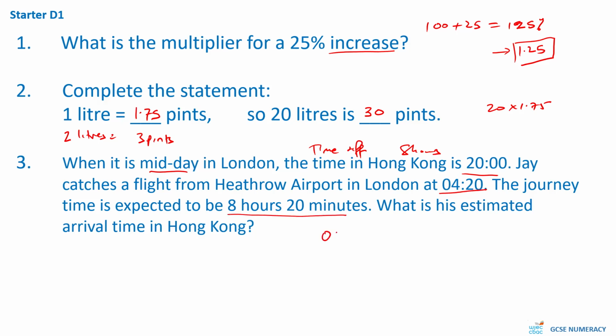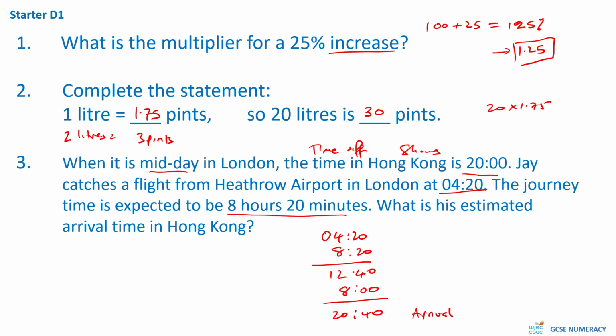So from 0420 hours, it's going to take him 8 hours and 20 minutes. So he's going to arrive at 12:40 hours. But don't forget the time difference of 8 hours, which we need to account for. And that takes us to 20:40 hours. That's his estimated time of arrival.